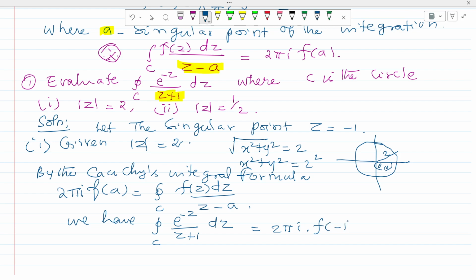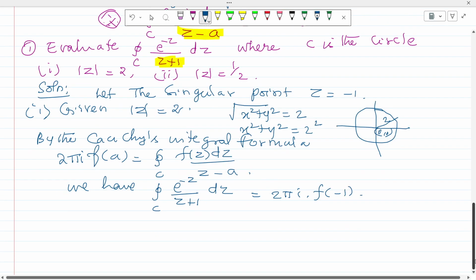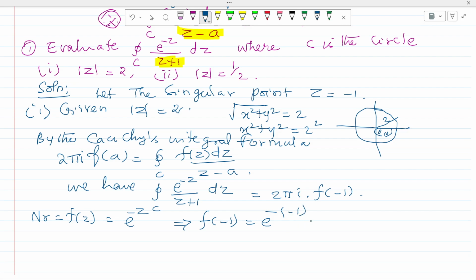So we write 2 pi i into f of minus 1. What is f of z here? The numerator is f of z, so e power minus z. Then what is f of minus 1? e power minus of minus 1, that means e.